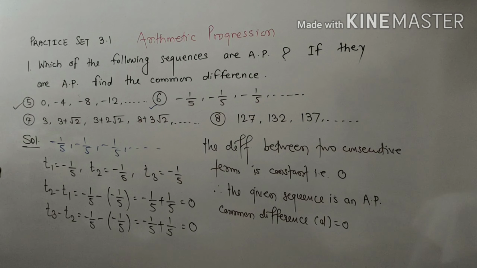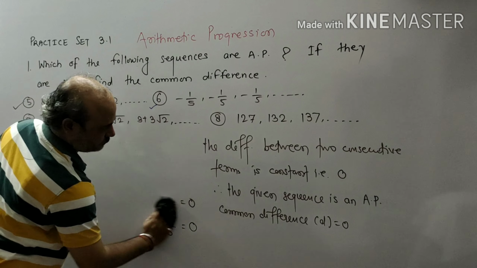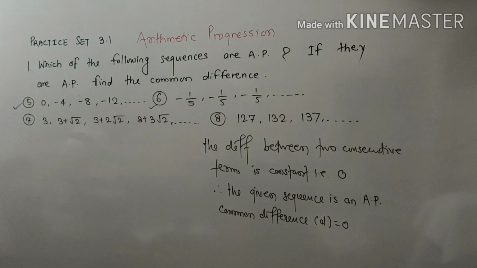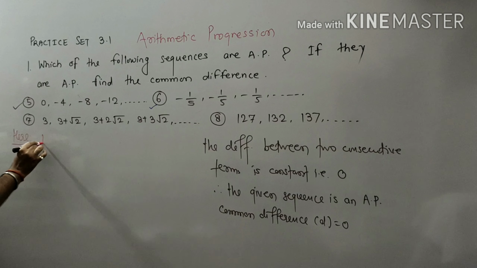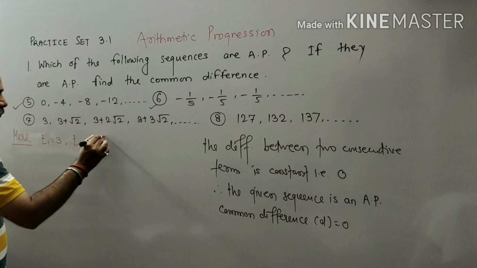So what is the seventh one? Here T1 is 3. What is T2? T2 is 3 plus root 2.